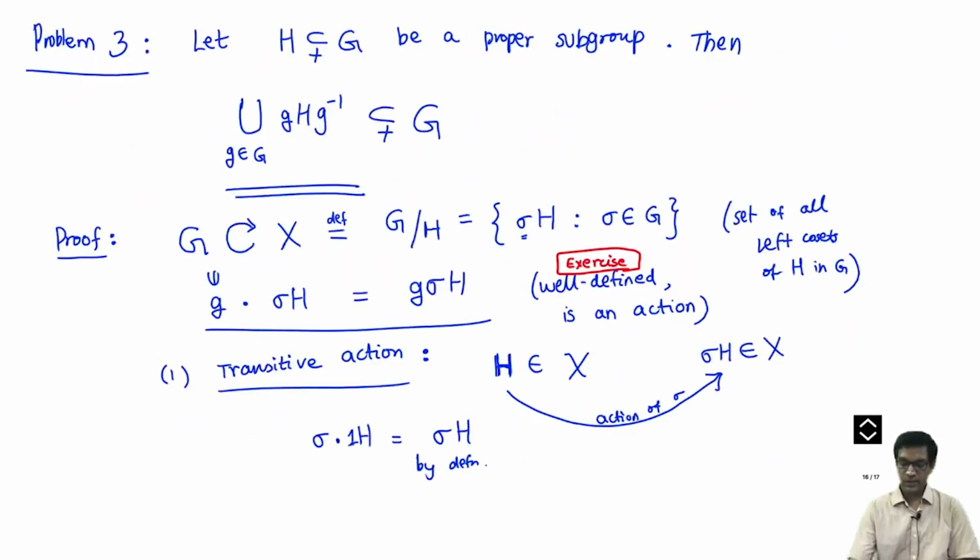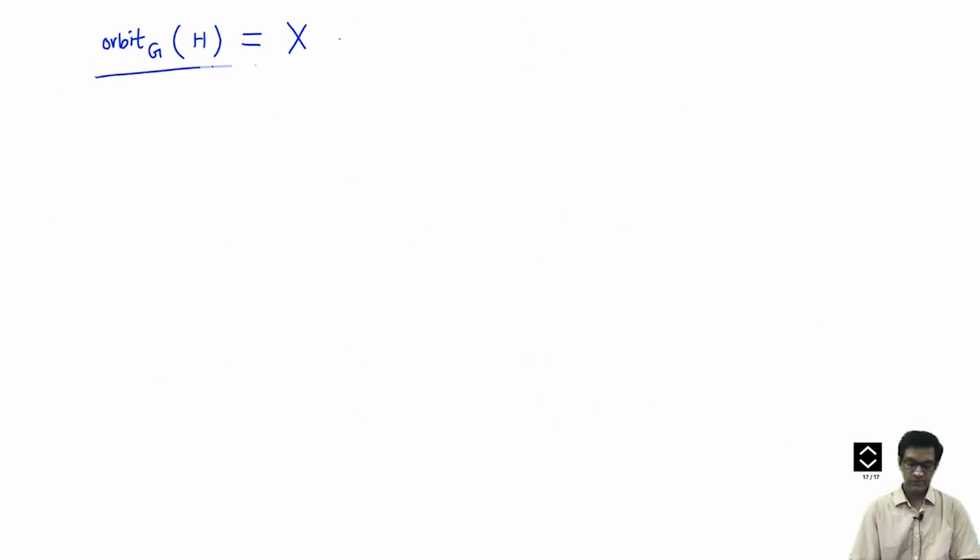Okay, so let's verify the hypothesis. First, we have checked it's transitive. The second hypothesis I need is to check that the cardinality of the set X is at least 2, but observe the cardinality of the set X is nothing but the index of H in G, if you wish.